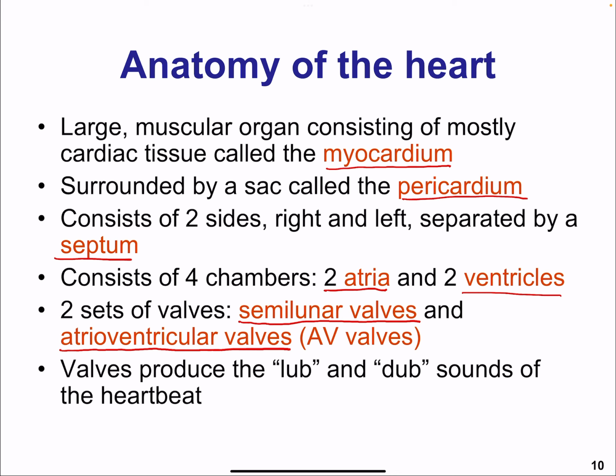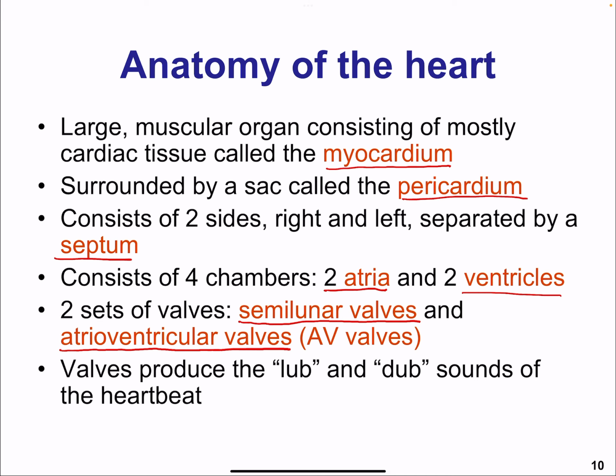These semilunar valves are going to be found in the largest artery that carries the blood away from the heart, and the largest vein that carries the blood into the heart. All right? So these valves, both the atrioventricular valves and the semilunar valves, are going to close and shut depending on where the blood is located, right?